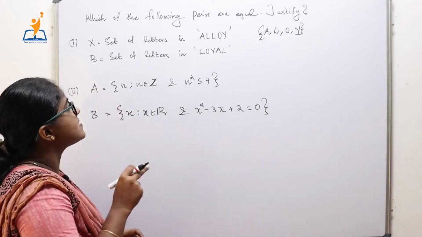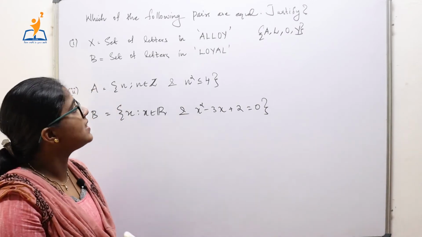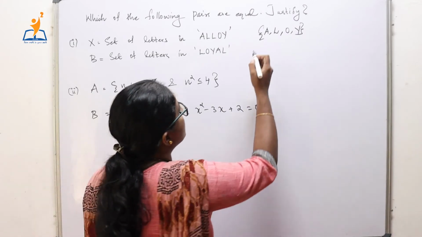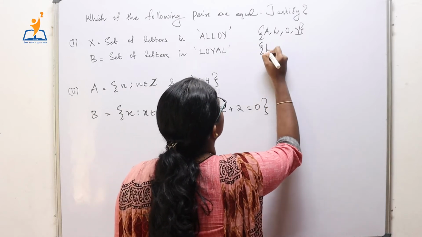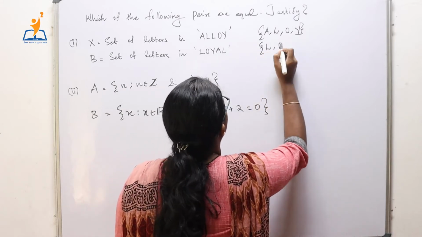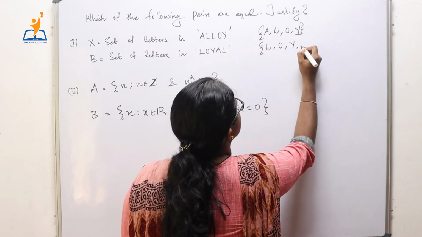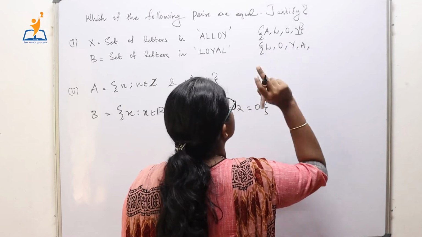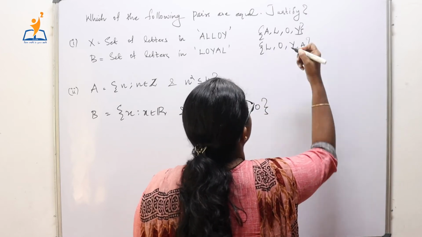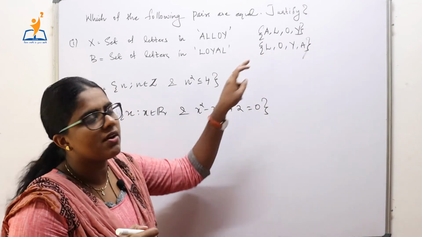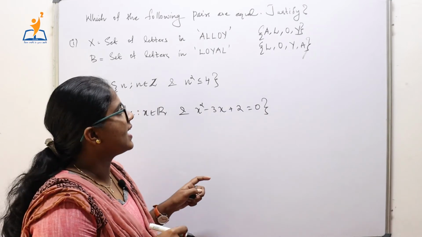Now B is the set of all letters in the word loyal. Now in loyal we have L, O, Y, A and L twice, so we don't have to write it again because we have already written L here.